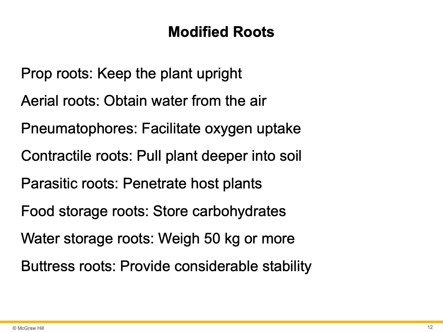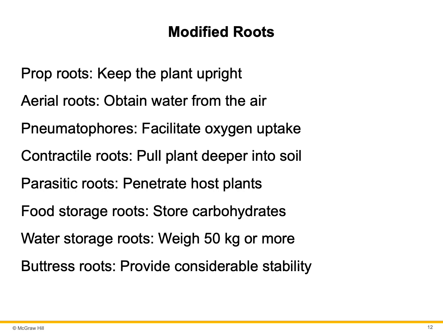We have pneumatophores. Pneumatophores are produced in plants that grow in swamps and have a spongy outgrowth that facilitates uptake of oxygen. We have contractile roots. The roots of lilies and dandelions are contractile and pull the plant deeper into the soil each year until they reach an area of relatively stable temperature.